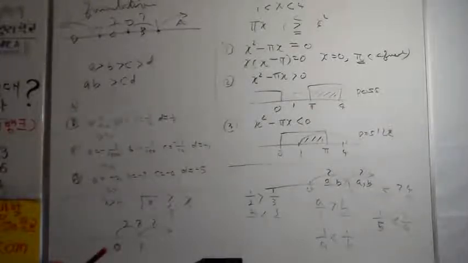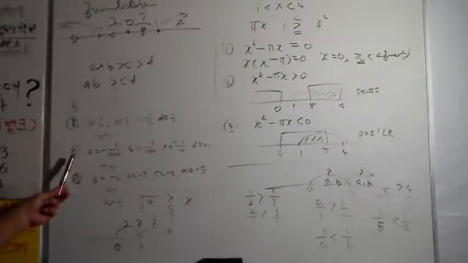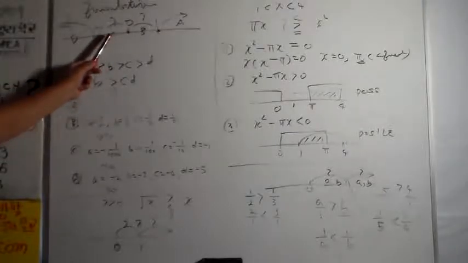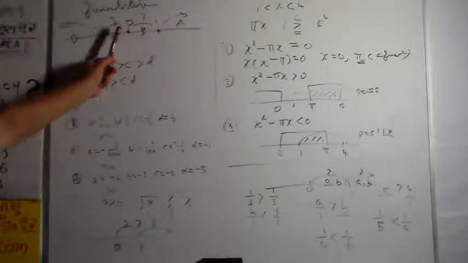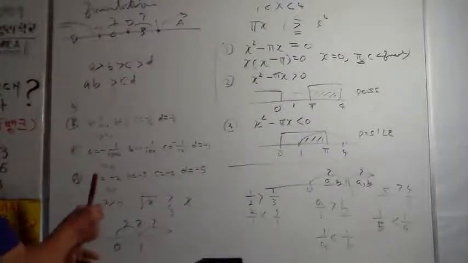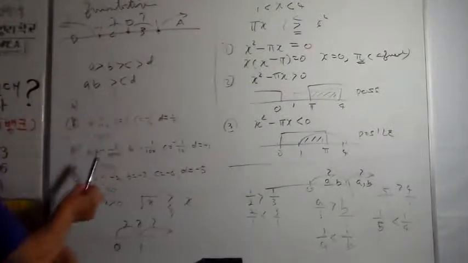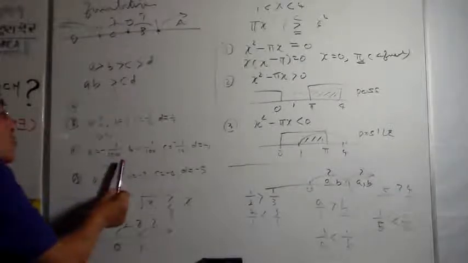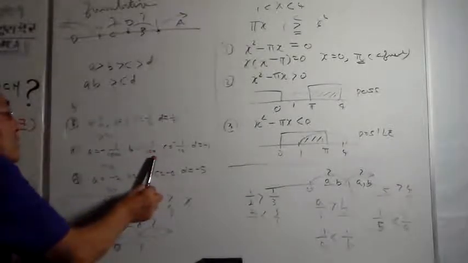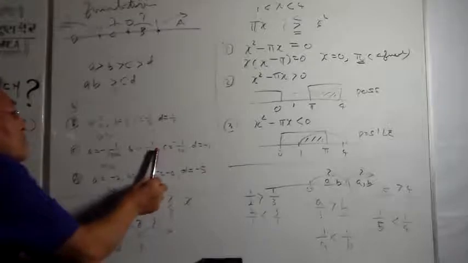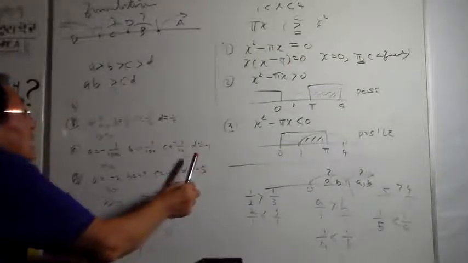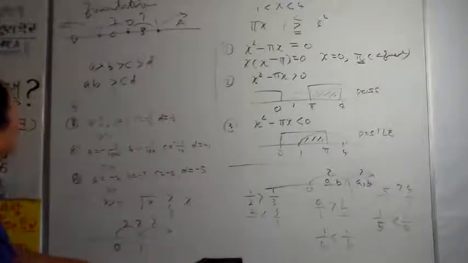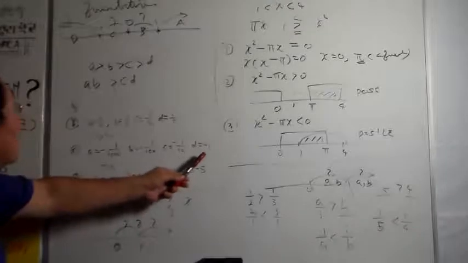Okay, how about C? Range of C right there between minus 1 and 0. In that case, we're gonna use this condition. A is minus 1/1000, B is minus 1/100, C is minus 1/10, D is minus 1.